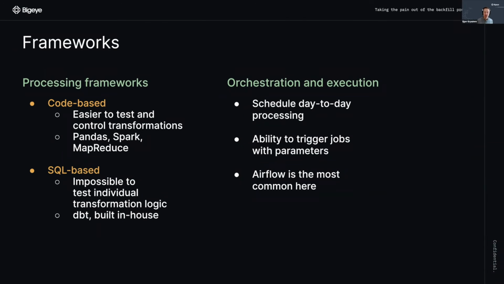And also what we've seen a lot is a lot of folks just build their own SQL-based parameterization framework and templating and some sort of Jinja-based SQL generation framework that can help. But the important thing to understand here is you will need to scale this out and it will become extremely complex. But if you are building your own, then at least take into account the fact that you are going to need to parameterize your input data sets, and have that as a first-class feature in your in-house framework.